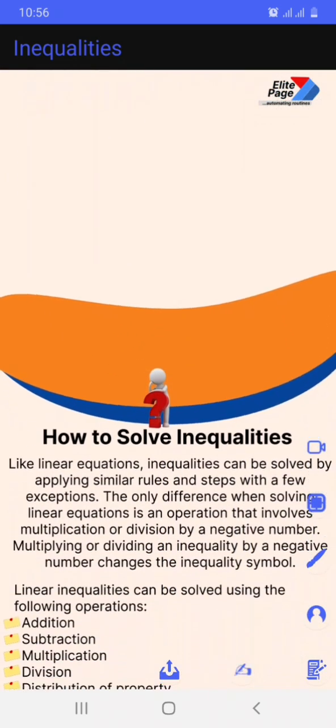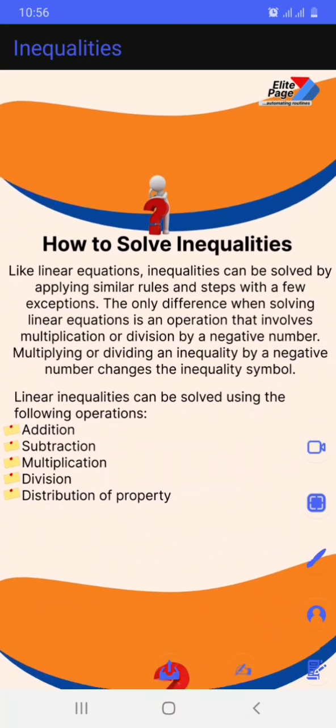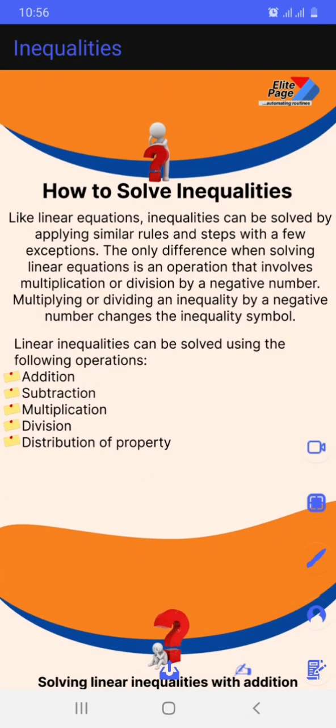How to solve linear inequalities. Like linear equations, inequalities can be solved by applying similar rules and steps with few exceptions. The only difference when solving linear equations is in an operation that involves multiplication or division by a negative number.